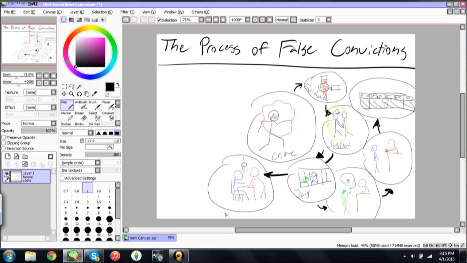A lot of the times, police and interrogators actually use fake evidence to get the suspects to confess. So, that's more or less how police coercion works. But there's still more tactics to that.